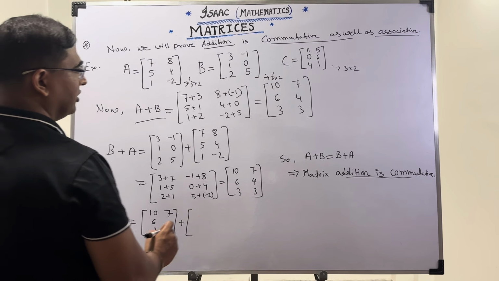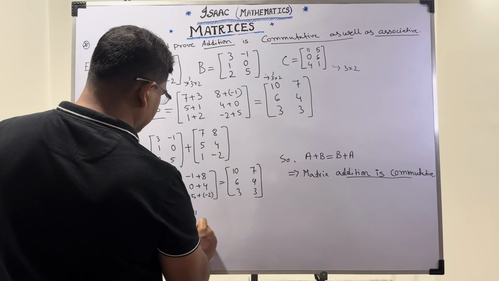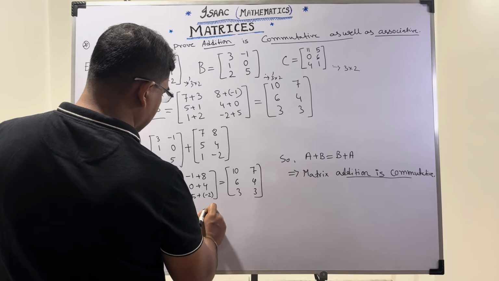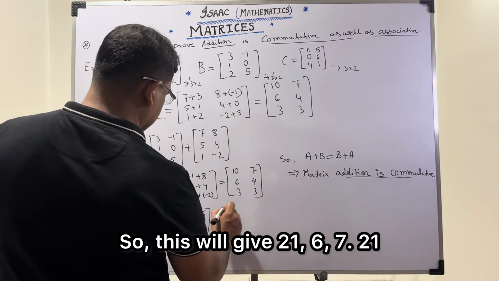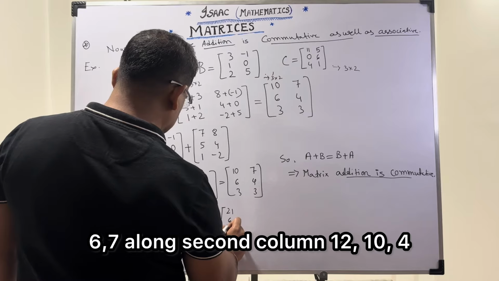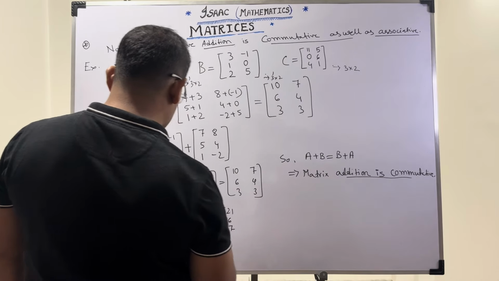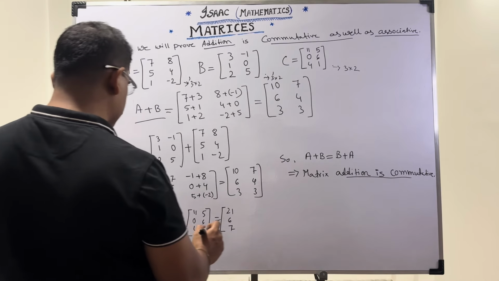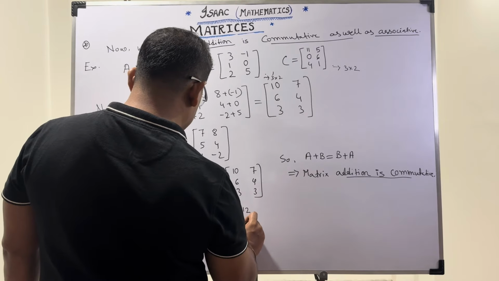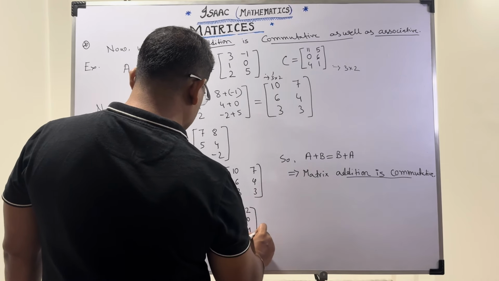Matrix C is 11, 0, 4, 5, 6, 1. So this will give 21, 6, 7 along the first column, and along the second column 12, 10, 4.